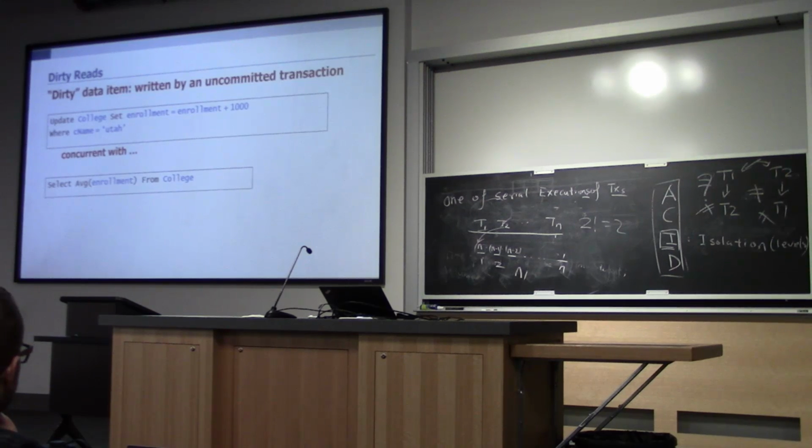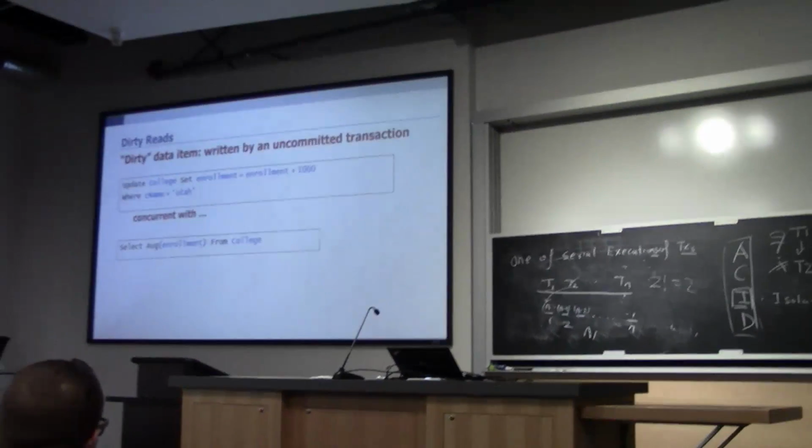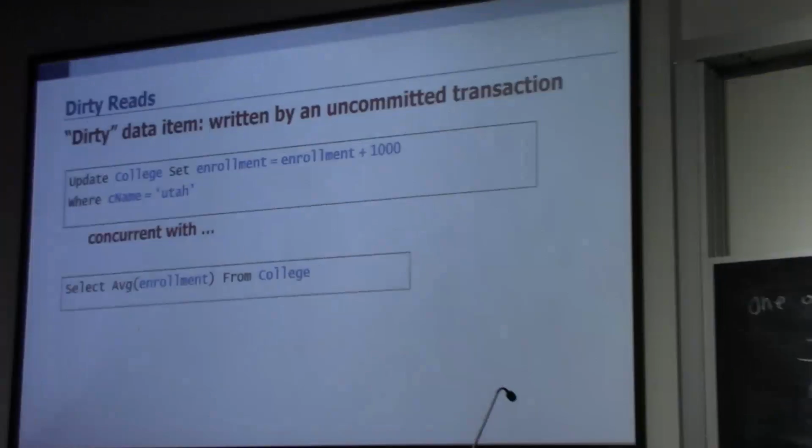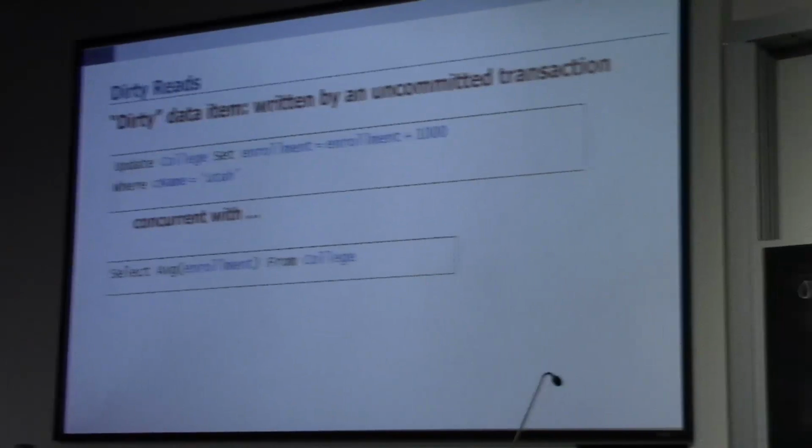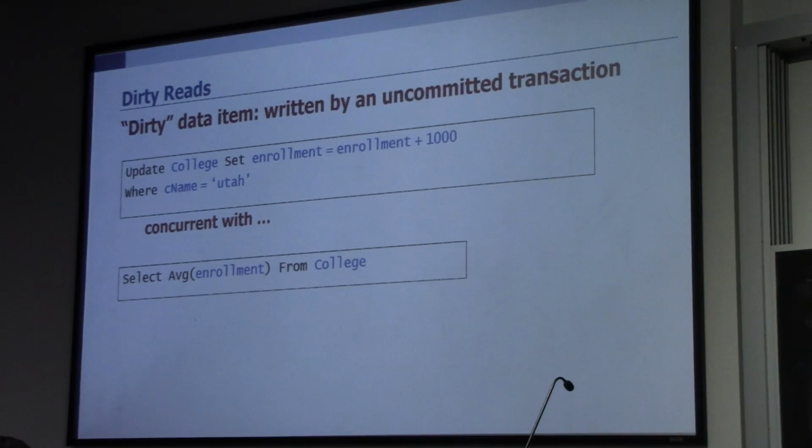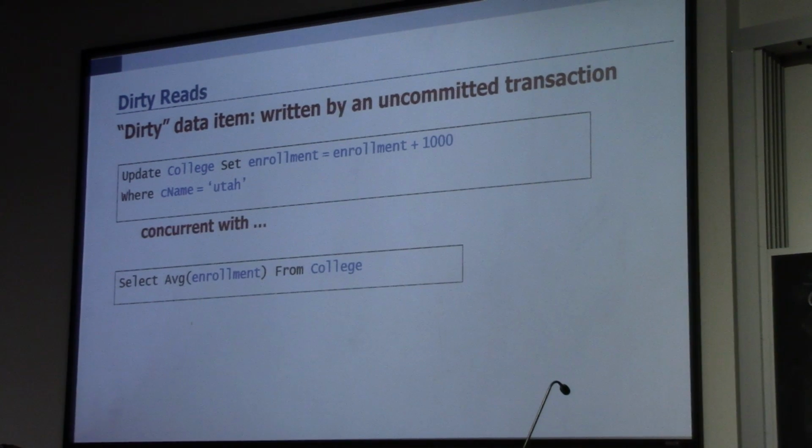I inform my admission office that I just admitted 1,000 students, so the enrollment number is updated by 1,000. And this is concurrent with another person trying to execute a statement saying, I want to get the average enrollment from Pac-12 schools. You follow this?